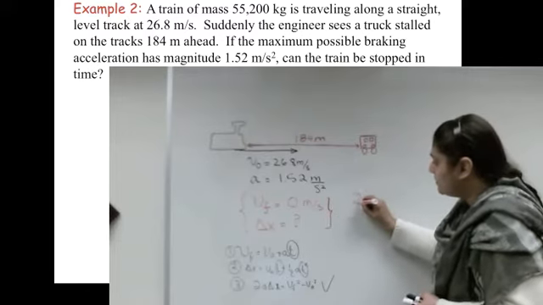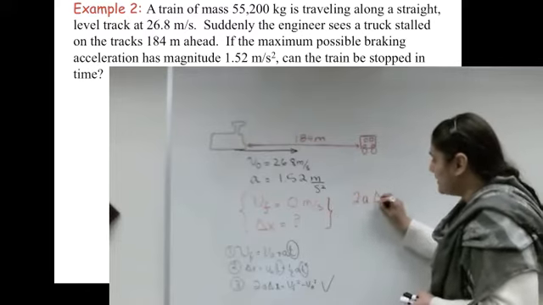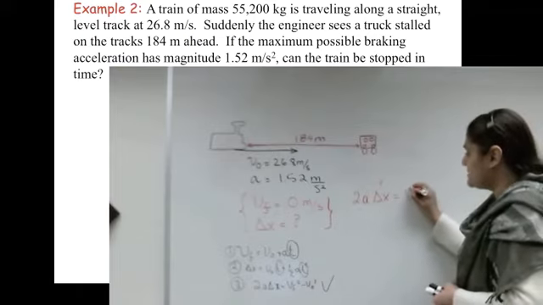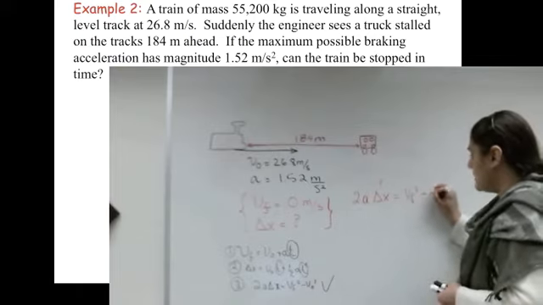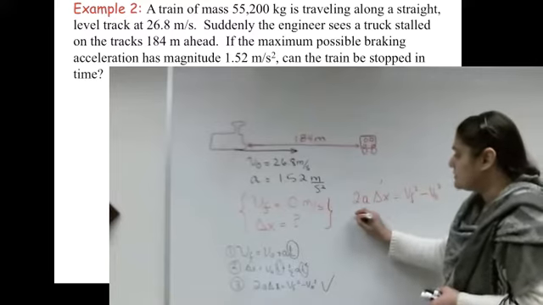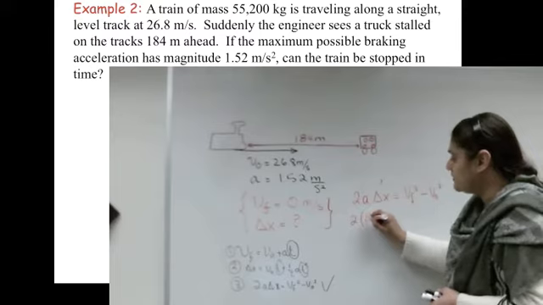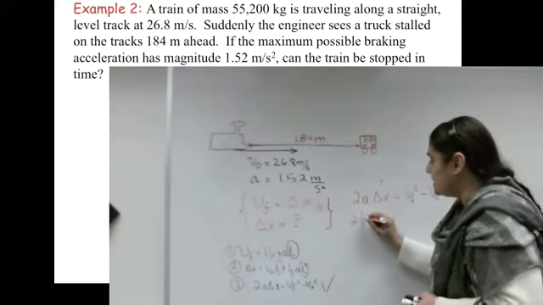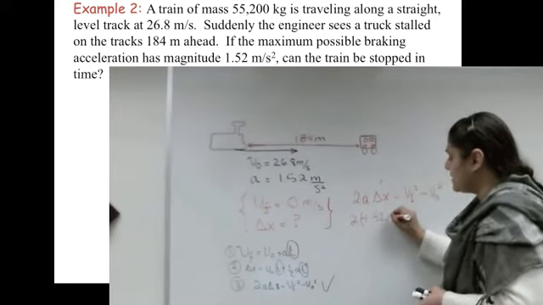Okay, 2a delta x, this is what we were looking for, equals Vf squared minus V naught squared. Okay? So 2, put the value of 1.52. Now this is decelerating, so I'm going to put a minus sign here.